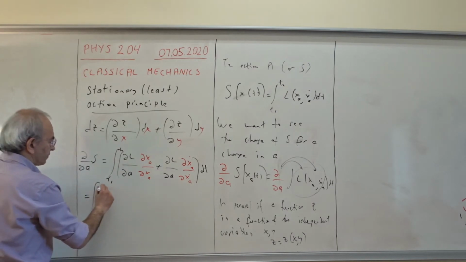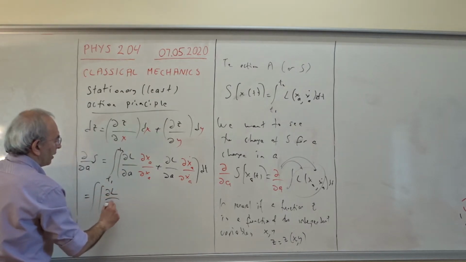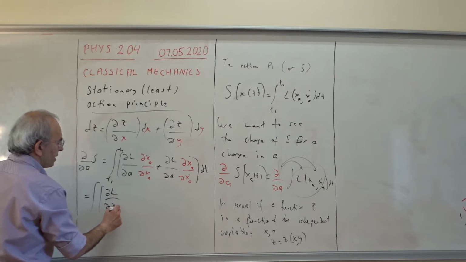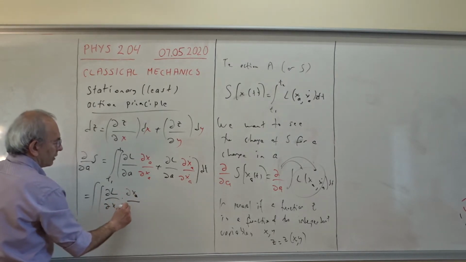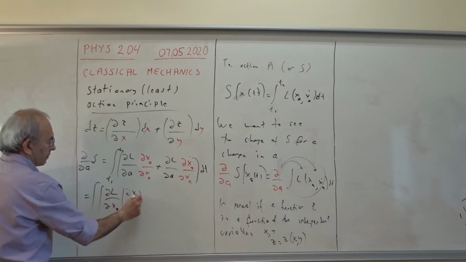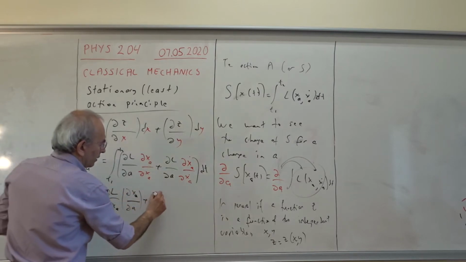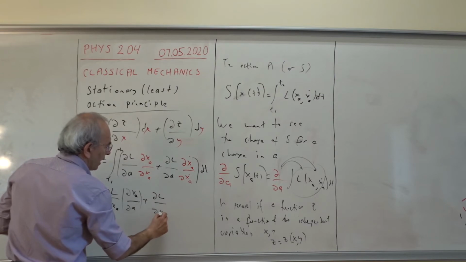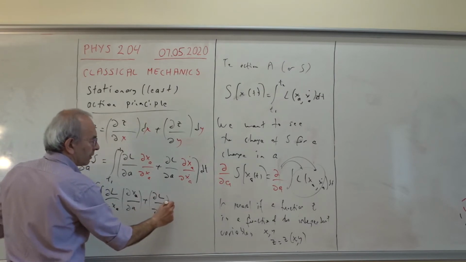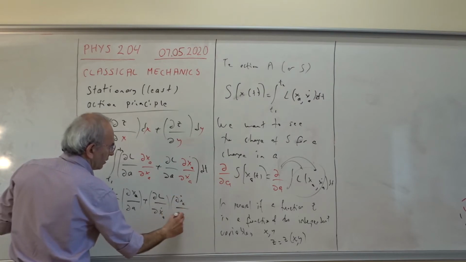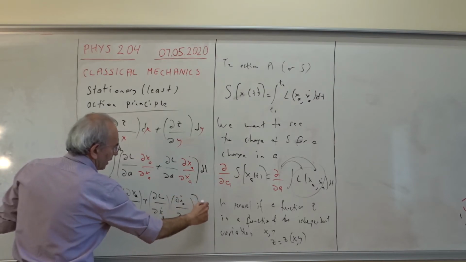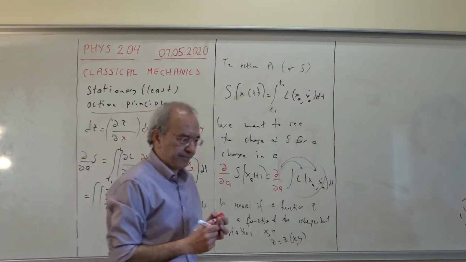So we have del L by del x_a multiplied by del x_a by del a. Next, del L by del x_a dot multiplied by del x_a dot by del a, and all multiplied by this dt.